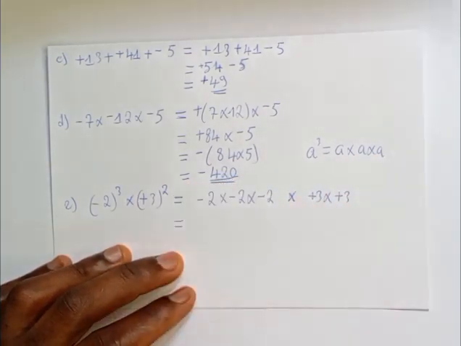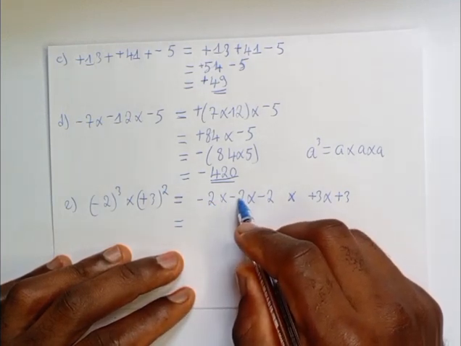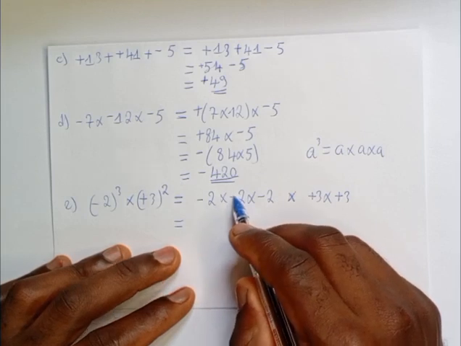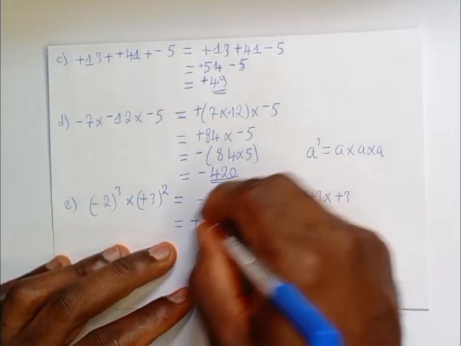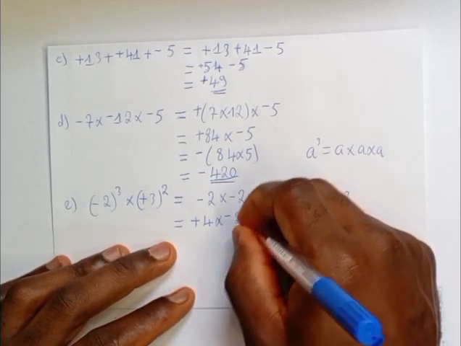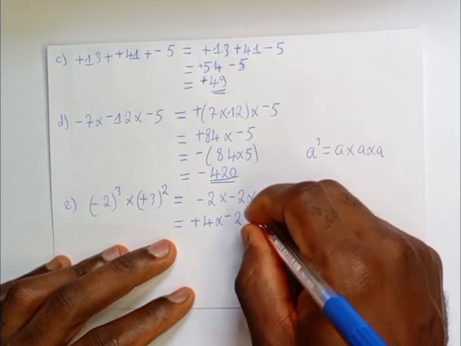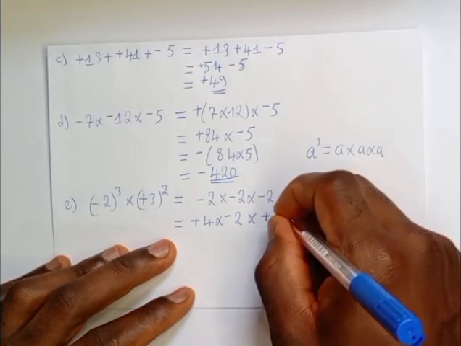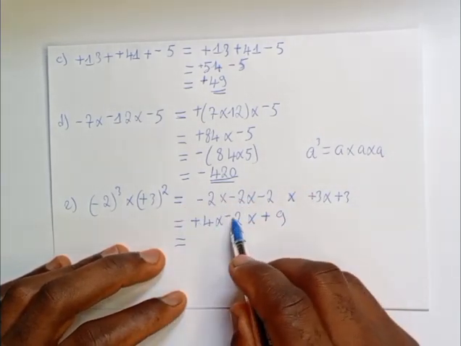This will simply be equal to negative 2 times negative 2. Multiply a negative number by a negative number, the resulting sign is positive. So this will give us positive 2 times 2, which is 4, times negative 2 times positive 3 times positive 3. We are multiplying two positive numbers. The resulting sign will be positive. 3 times 3 gives us 9. This will be equal to positive 4 times negative 2.